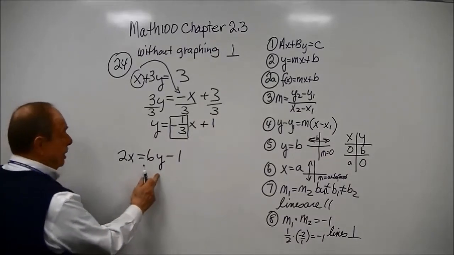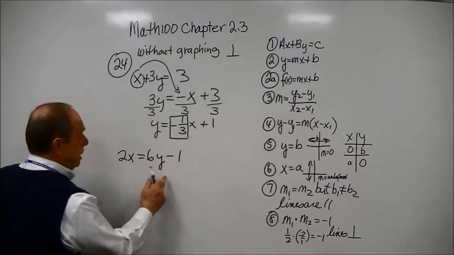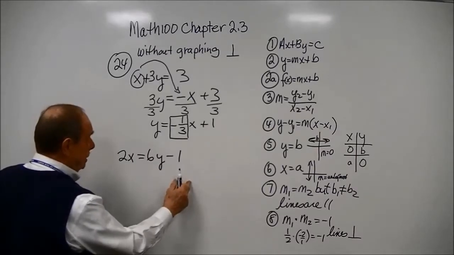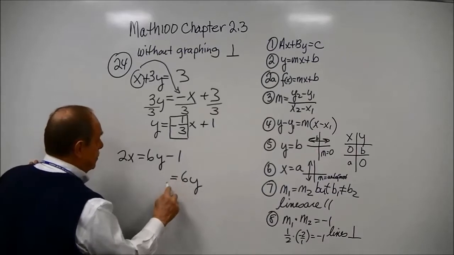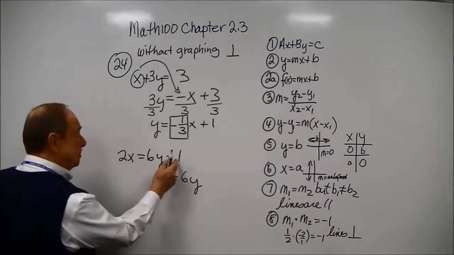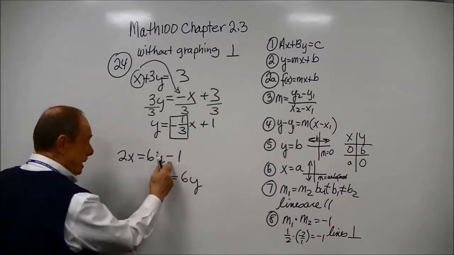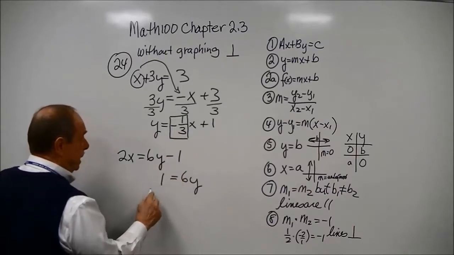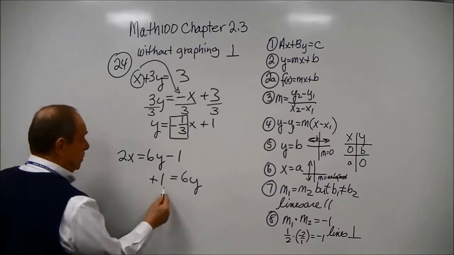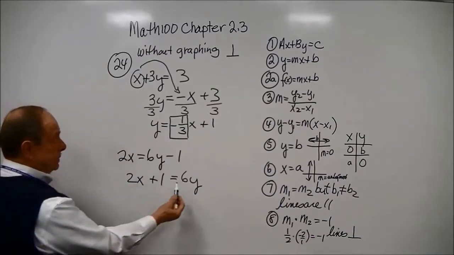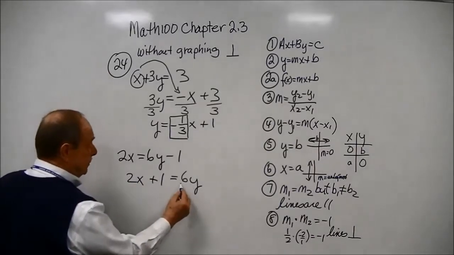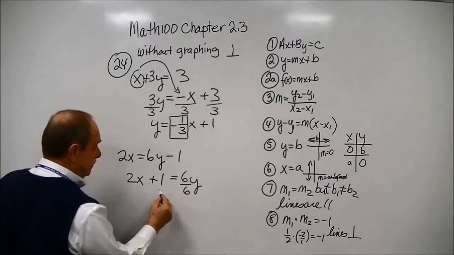Now again, we want to solve for y. Now y is on the right, so we can go 6y equals, I'm going to transpose my -1, it becomes a +1 on this side, and then I have 2x. And now I want to solve for y, so I'm going to divide everything by 6.